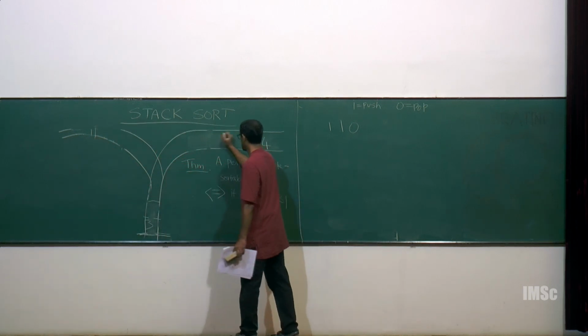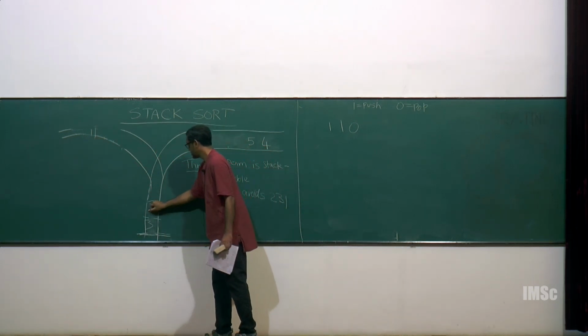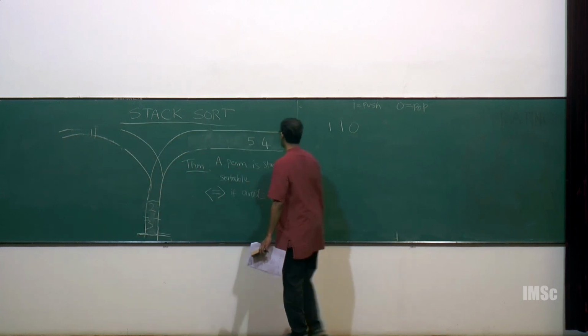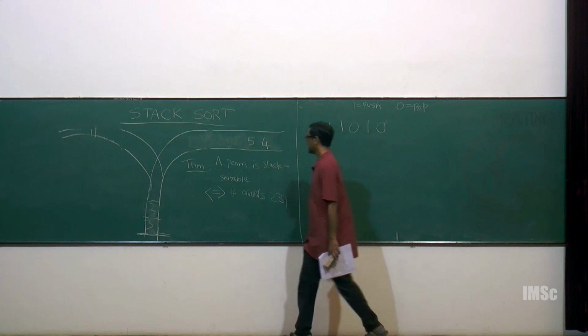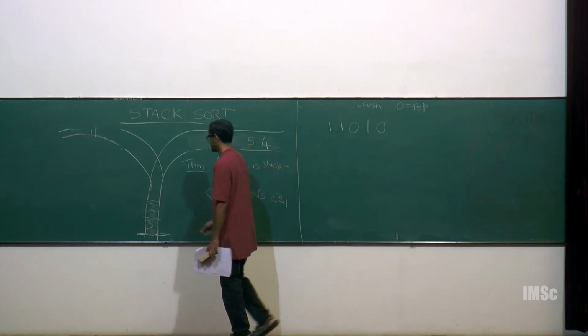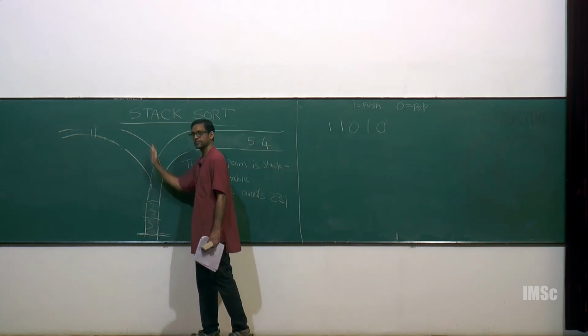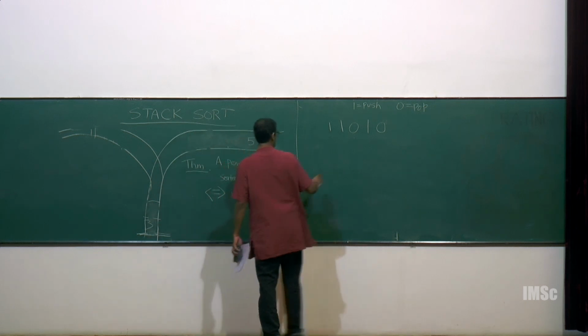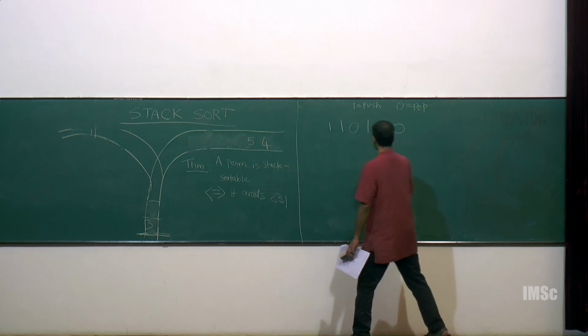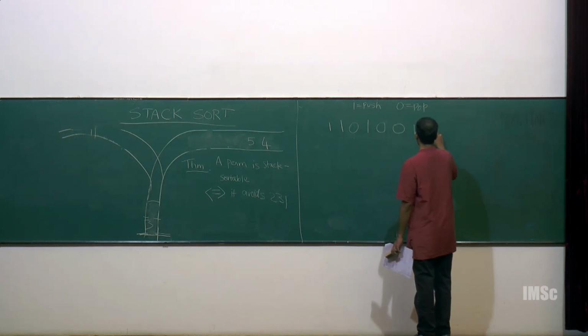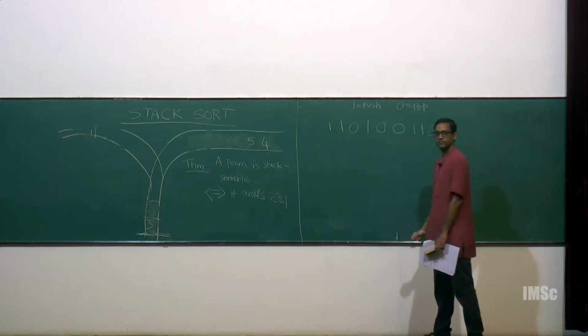Now I've got a 2, which I push in, but also pop out, right? So the 2 has to be pushed in and then popped out. And now 5 pushed in. Sorry, no. I have to pop the 3 out first. So 3 is a pop. Okay, now 5 and 4 are both pushes, and then 2 pops.